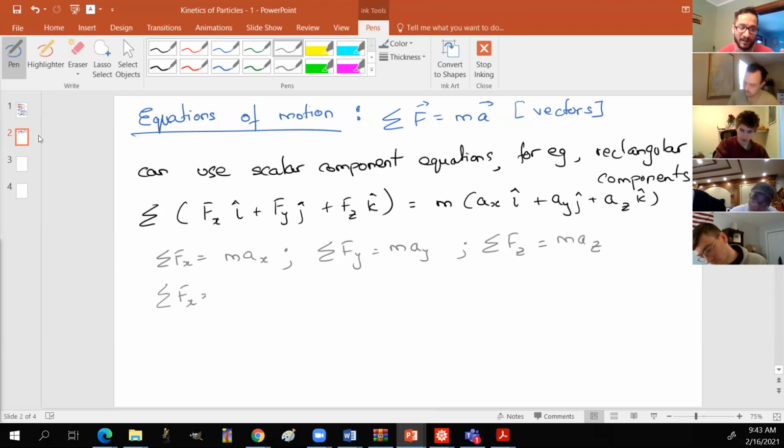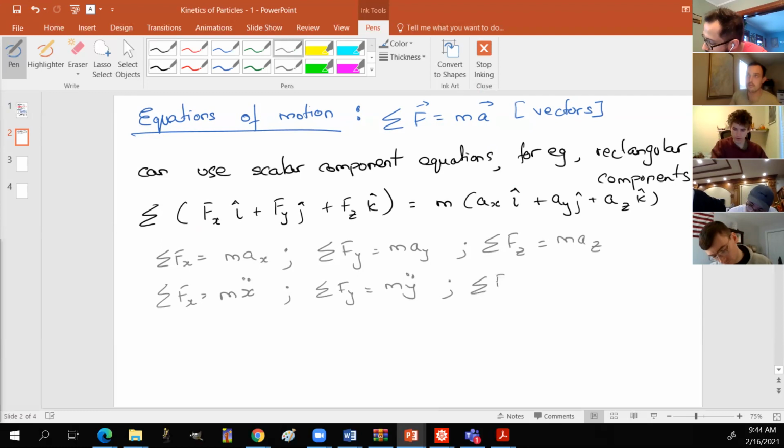No, we're looking at kinetics. F_x is equal to, what did we say the acceleration was? It's just the twice rate of change of your position, so it's m x double dot, F_y is equal to m y double dot, and F_z is equal to m z double dot. So it's the rate of change of the rate of change of the positions.